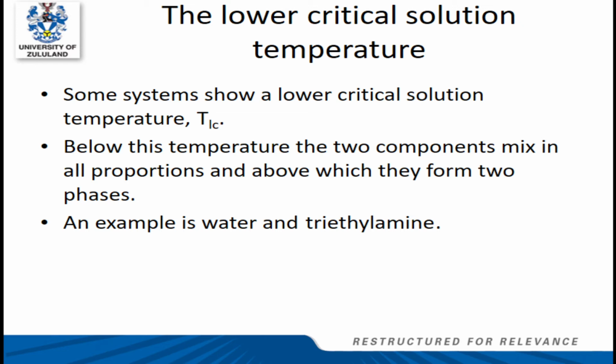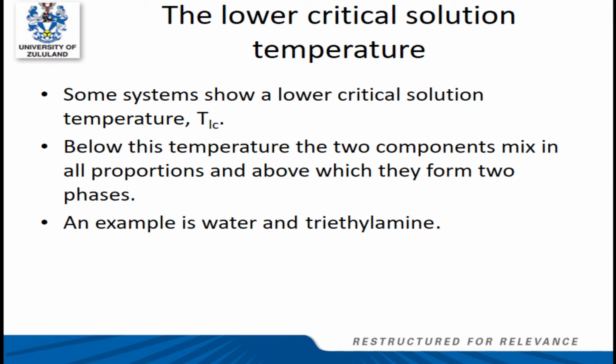For a system where we have the lower critical temperature, it means that below this temperature, the two components will mix in all proportions. And above it, they are going to form two phases.